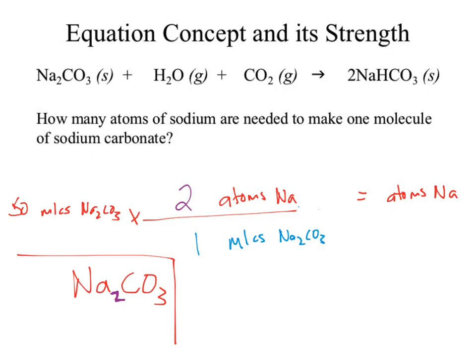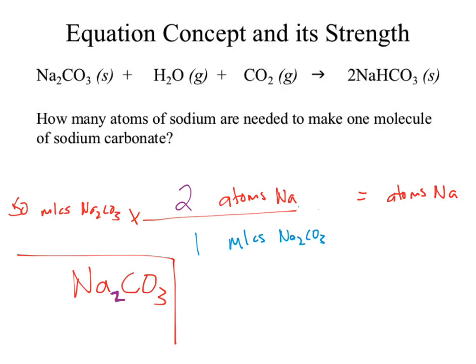You need this conversion factor, where molecules of sodium carbonate cancel, and I'd be left with atoms of sodium. And my answer becomes 100. The chemical formula gives you a conversion factor. That's really cool. There's embedded information in it. You have to know to pull that information out. Okay? So that's our chemical formulas.